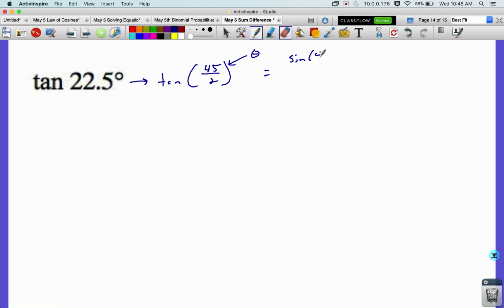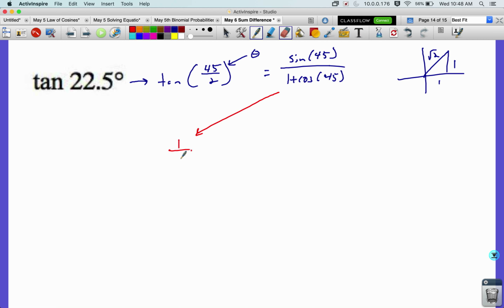So sine of 45 over 1 plus cosine of 45. All right, let's draw our 45 triangle. It'd be 1, 1, square root of 2. So this here is going to become opposite over hypotenuse, 1 over root 2, over 1 plus 1 over root 2.